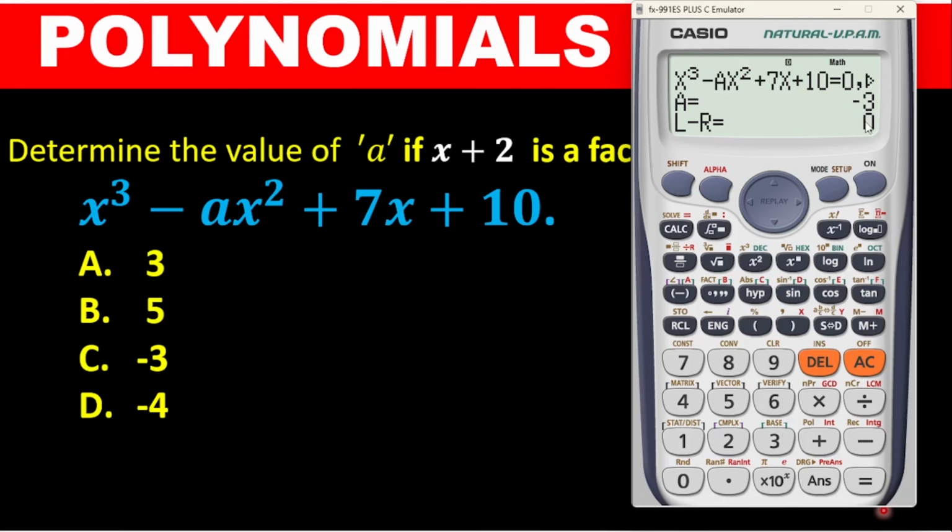So once I have this, then I know that whatever answer I am getting for A is correct. So the calculator is saying that A is equal to negative 3. Now I want to go through the possible answers to see if I have negative 3. And obviously C is the right option. So the right answer for this example is option C. And we are done.